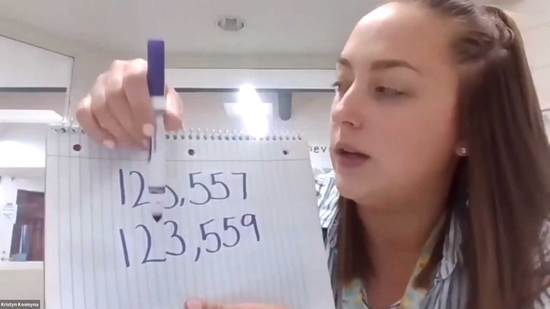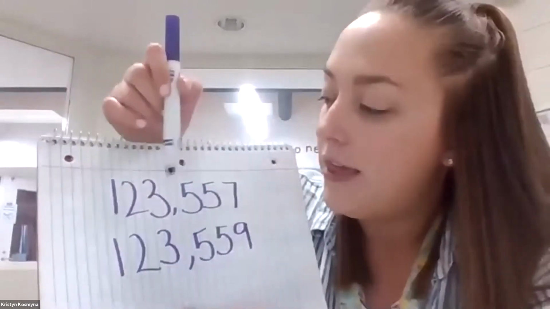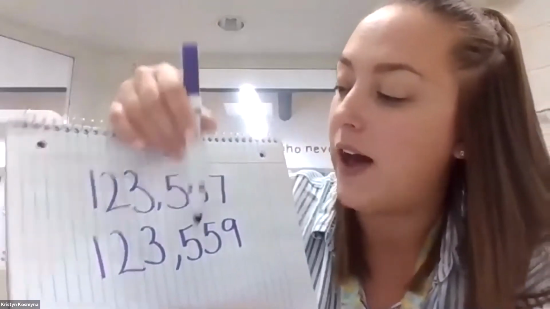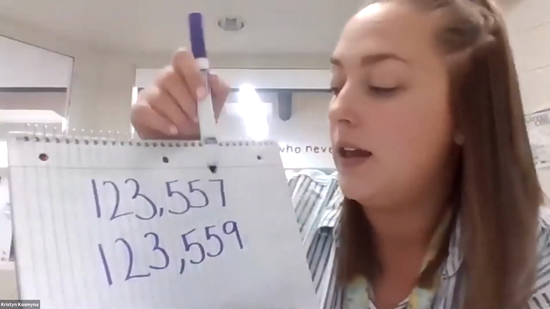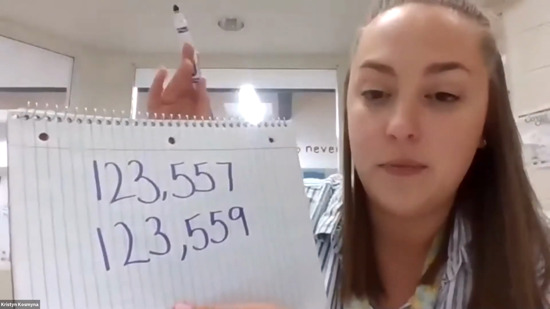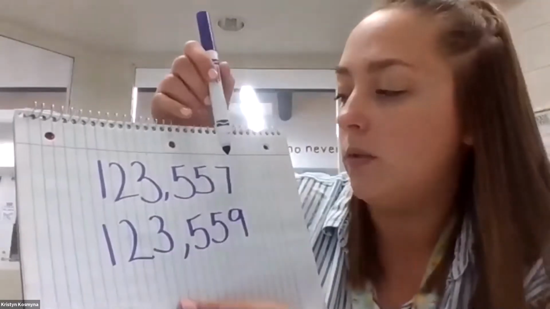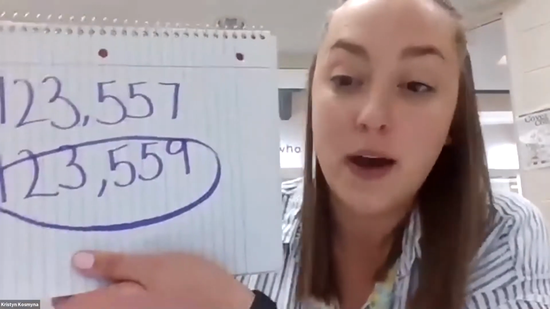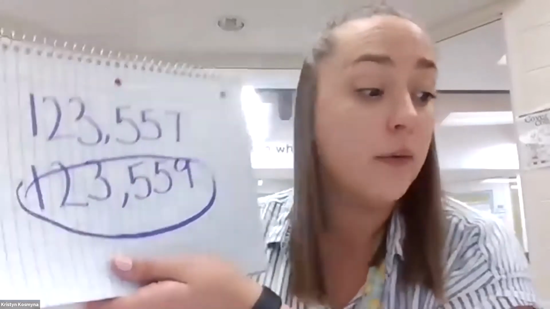Ten thousandths place, 2 and 2, the same. Thousandths place, 3 and 3, the same. Hundreds place, 5 and 5, the same. Tens place, 5 and 5, the same. And we have to go all the way down to the ones, 7 and 9. 9 is bigger. So 123,559 is the bigger number.